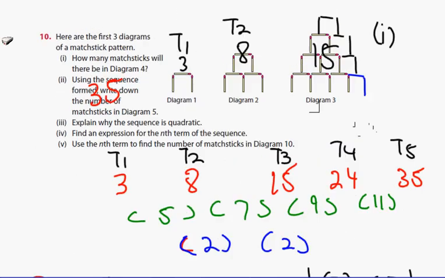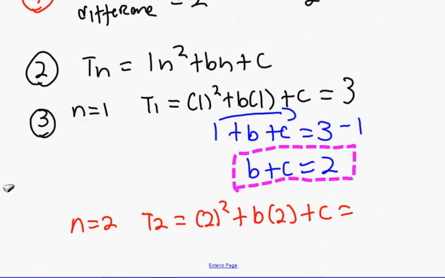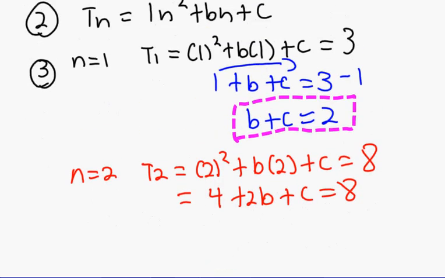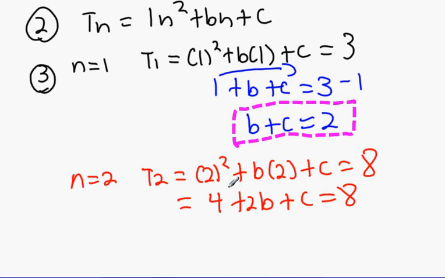So 4 plus 2b plus c equals 8. What do I do now? Bring the 4 over. 2b plus c equals 4, which is 8 minus 4.